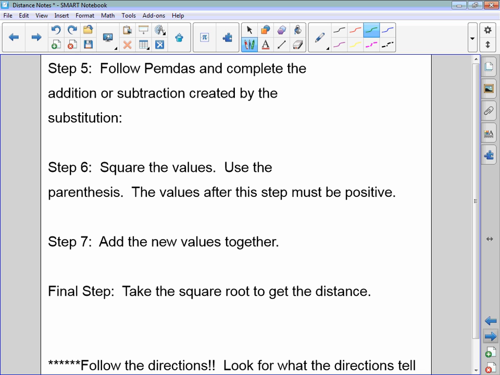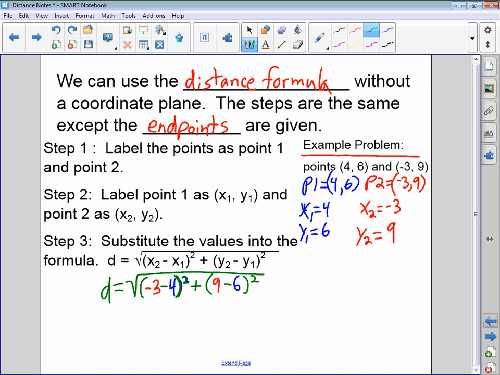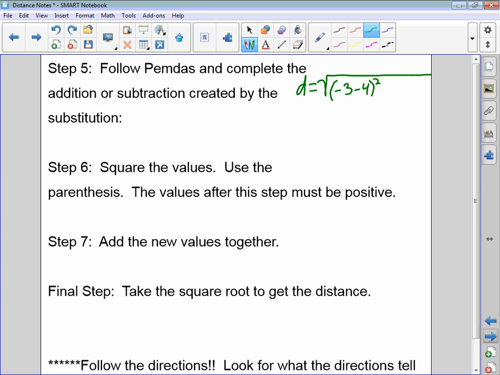We're going to follow our PEMDAS. We had distance equals the square root of negative 3 minus 4 squared plus 9 minus 6 squared.